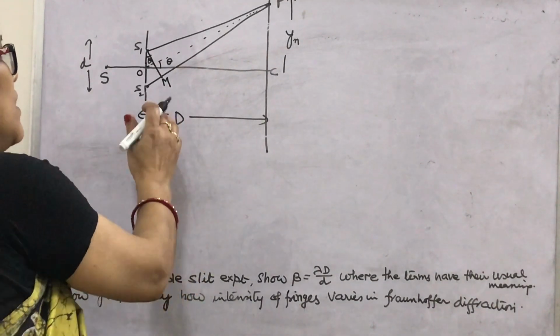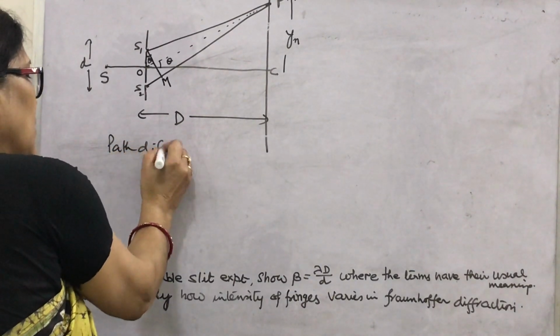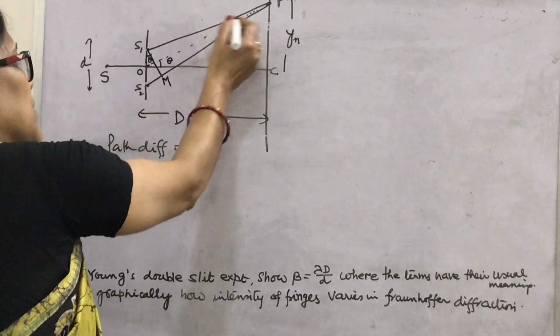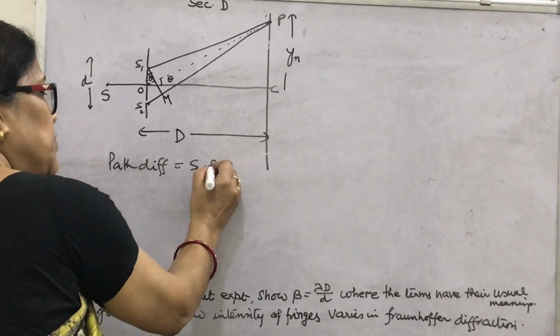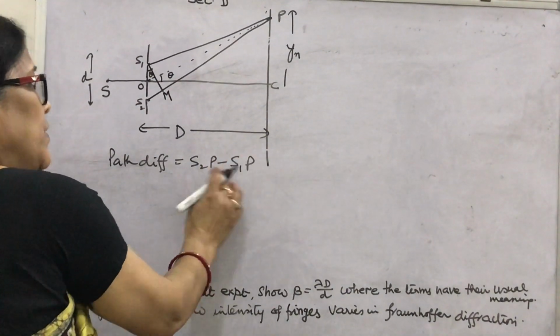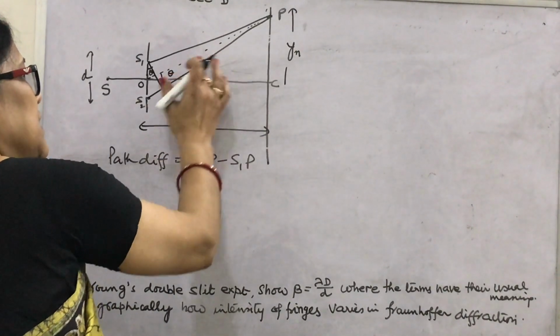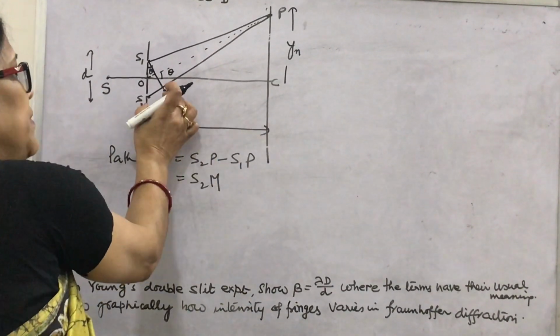Look, the path difference at point P, where the waves are reaching from S1 and S2, will be S2P minus S1P. It will be, or not? This is S2P and this is S1P. Then the difference will be S2M. Will it be or not this one?